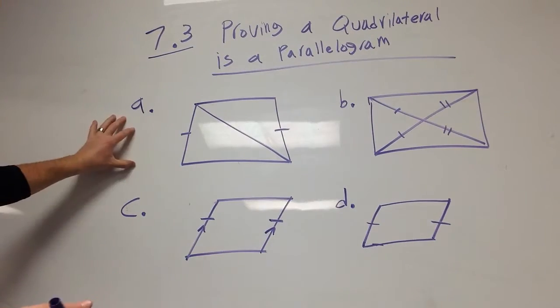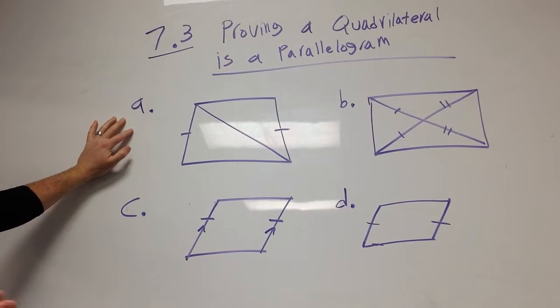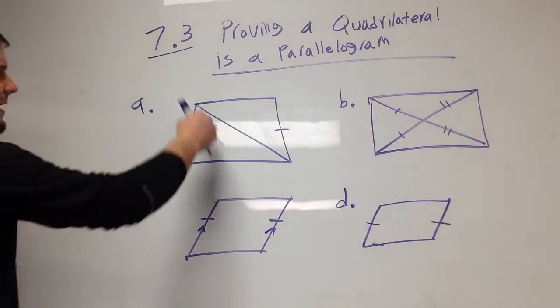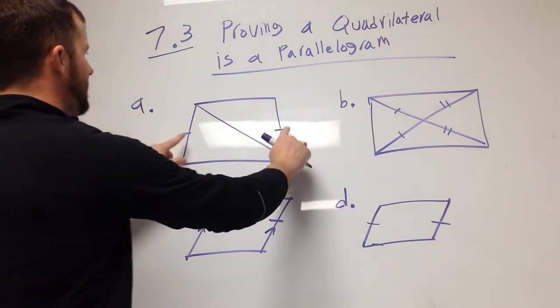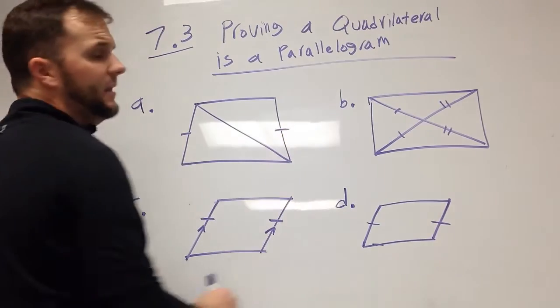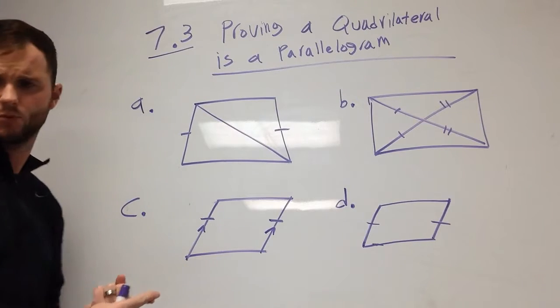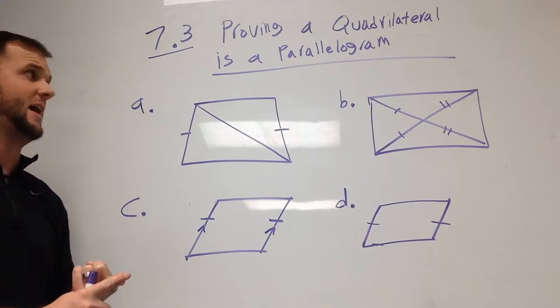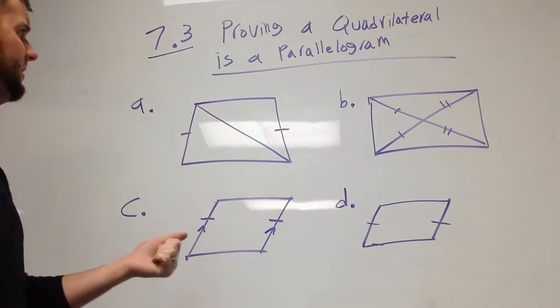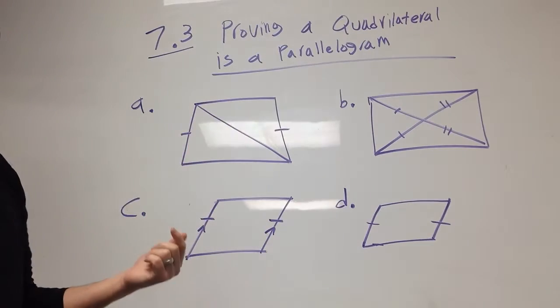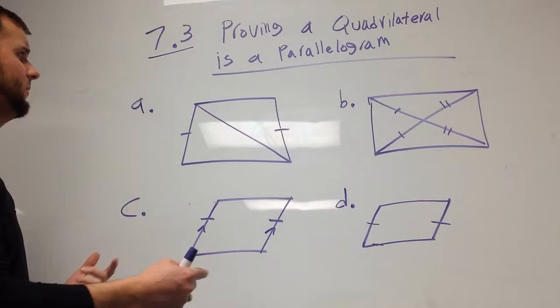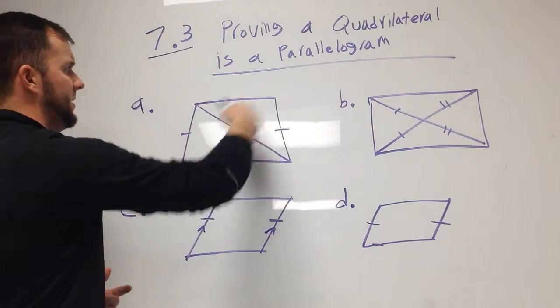So right now, let's go ahead and look at A, and we're just going to analyze what's happening here. At A, we just have a diagonal line, and then we have two sides that are going to be equal to each other. Okay? So earlier we learned in 6.5 that opposite sides have to be congruent. Are opposite sides congruent? No. Next thing we learned was that opposite angles have to be congruent.